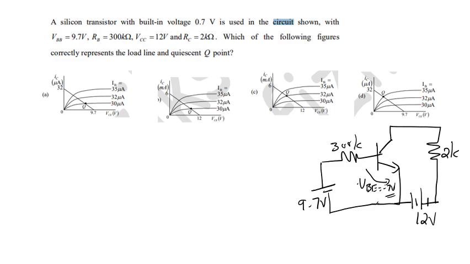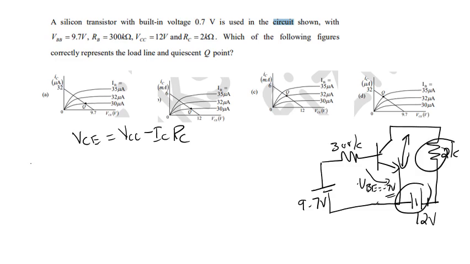Now we have to calculate the DC load line and then the Q point. First we will calculate the load line expression. We know VCE equal to VCC minus ICRC, that is VCC equal to ICRC plus VCE. For IC equal to 0, VCE equal to VCC, that is 12.